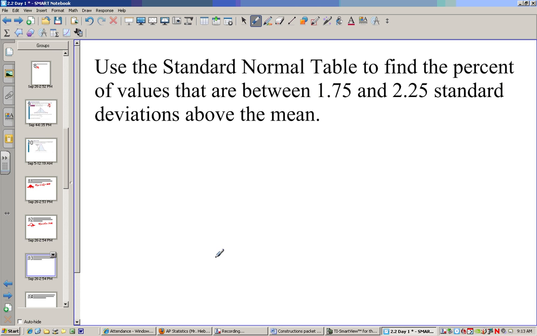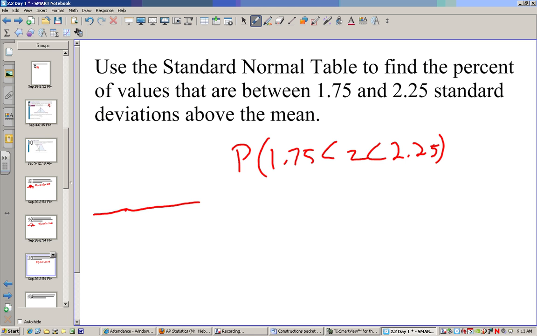Now if we want to find the probability that my z is between 1.75 and 2.25, let's draw it out again. So 0, 1, 2, so 1.75 to 2.25.